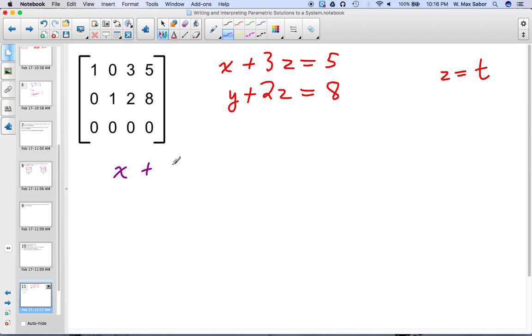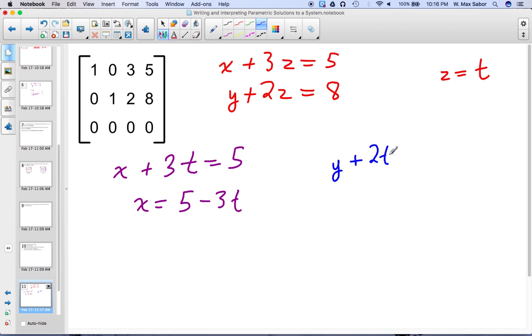The first one will look like x plus 3t equals 5. And now I'm going to solve for x. x equals 5 minus 3t. Do the same thing for y. y plus 2t equals 8. y equals 8 minus 2t.